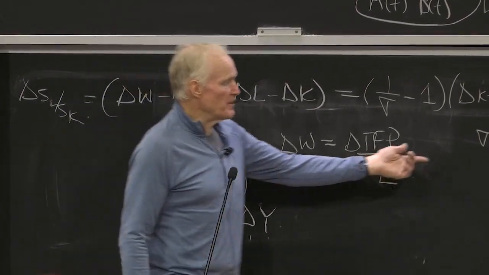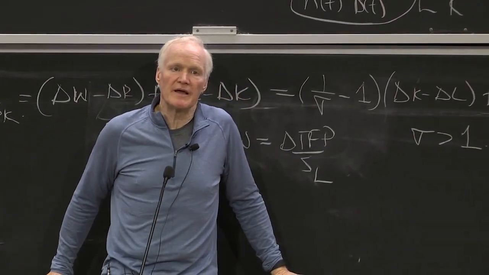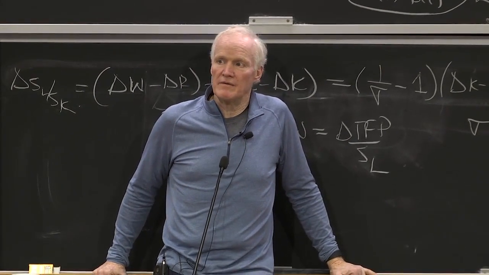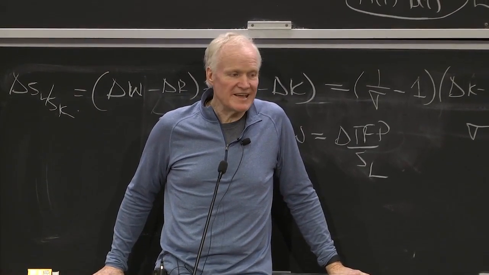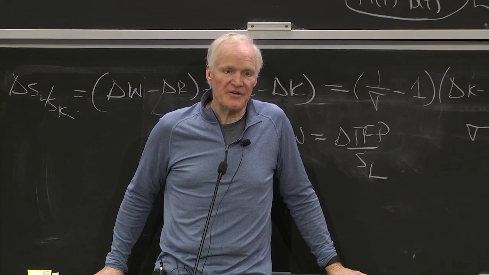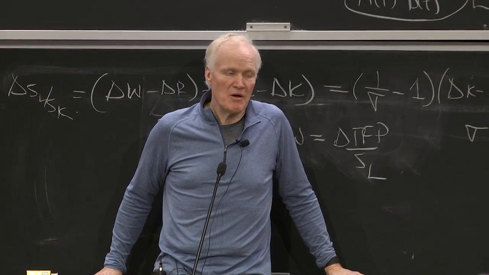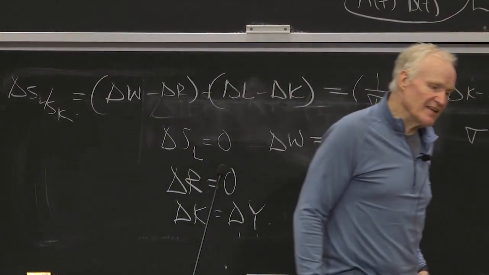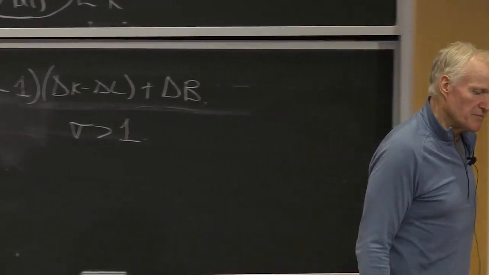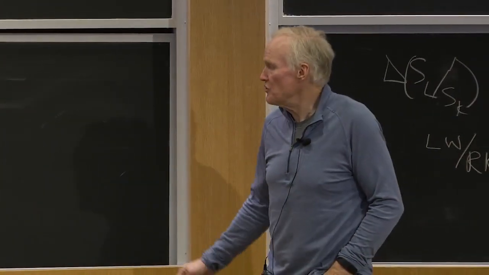And sigma was bigger than 1. What would the world look like? Let's get out of the standard neoclassical growth model, but let's maintain the elastic supply of capital assumption. So I'm going to maintain delta R equals 0.